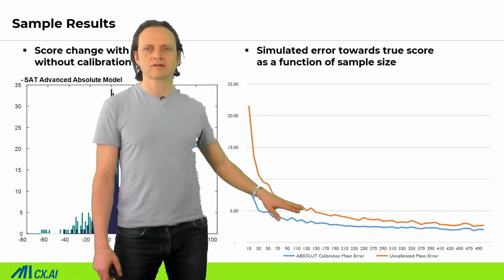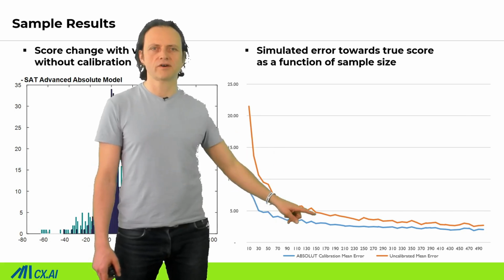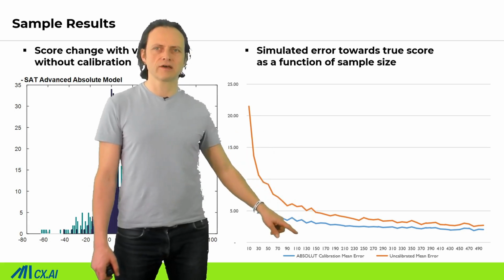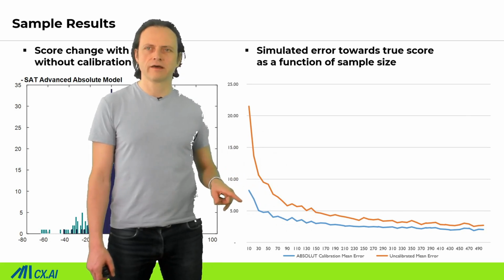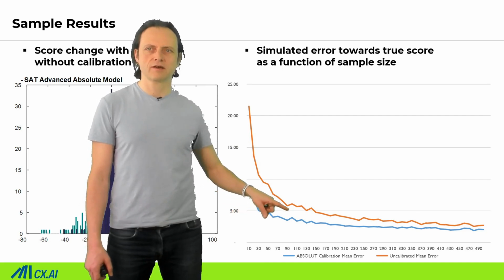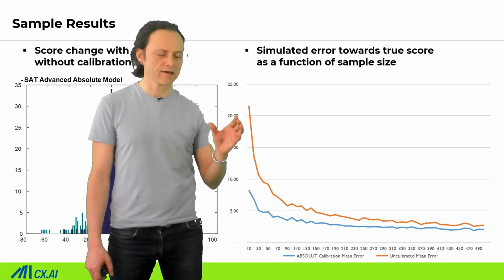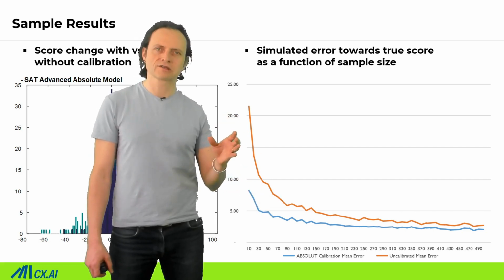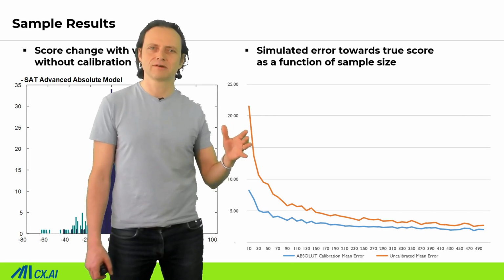But anyway, this is the status quo you are in now, and the blue line is the calibrated one. So what you learn is, hey, if I have 20 respondents or 30, this can be as stable as 150. So now I can report splits as low as 25 samples.